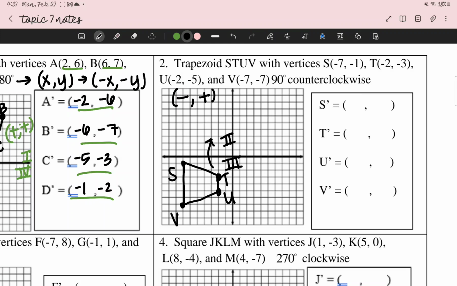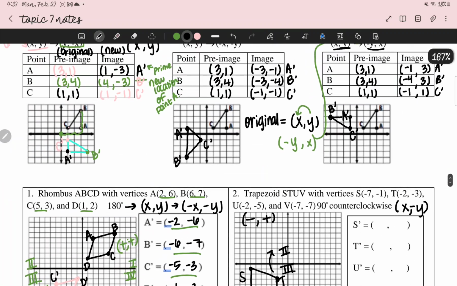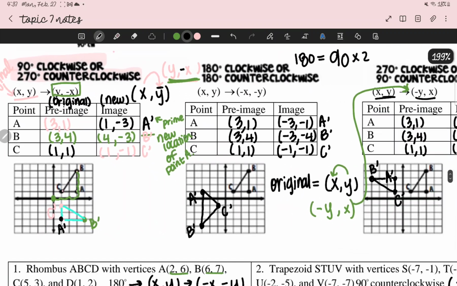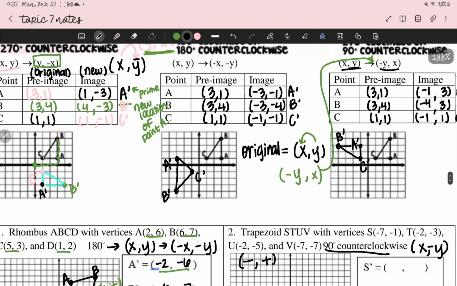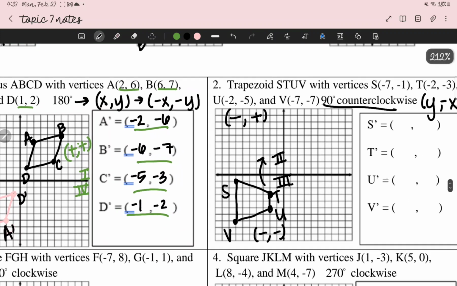My x's should stay negative because quadrant 3 had all negatives, but the y's should change to their opposites. And if you go back to your rules for a 90 degree counterclockwise, that should be y comma -x. There you go. I always forget to switch them. Always forget that last part.